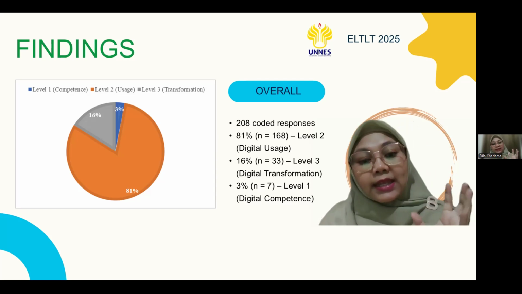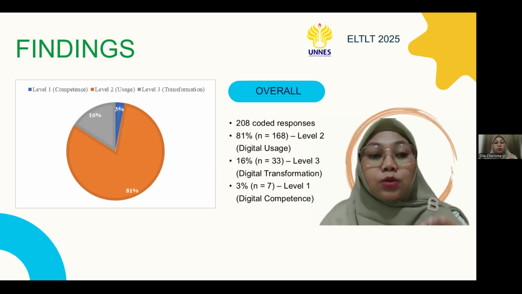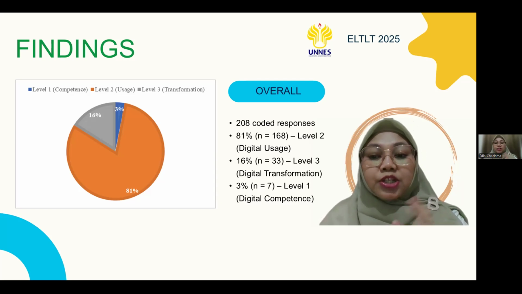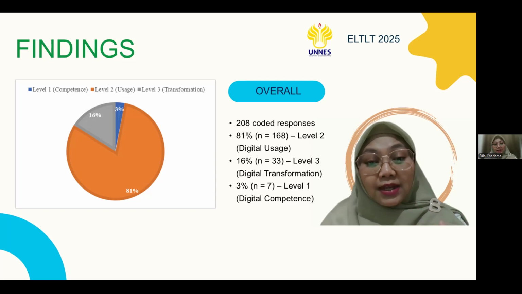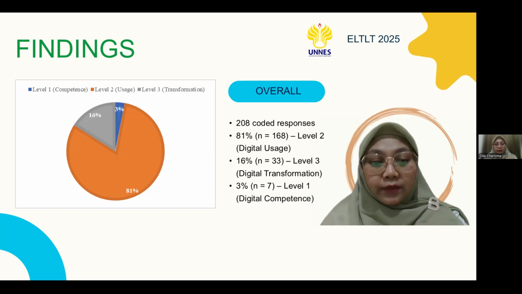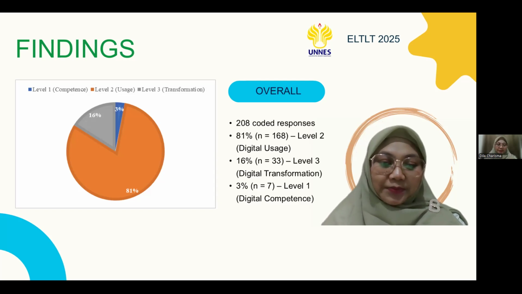This clearly indicates that most prospective EFL teachers are functional users of digital tools. However, transformative practices are emerging, albeit on a smaller scale, especially in creativity and academic information searching.